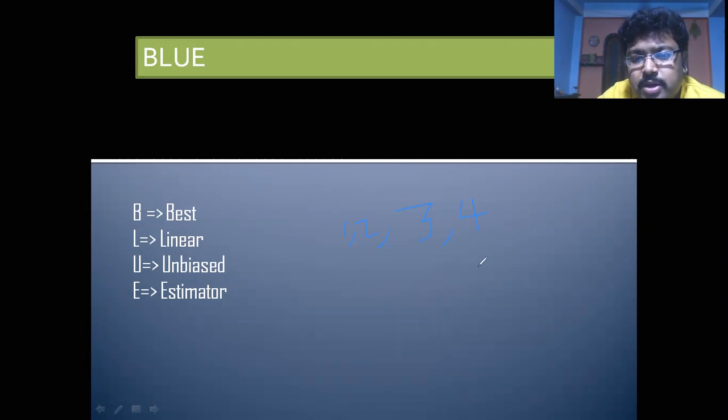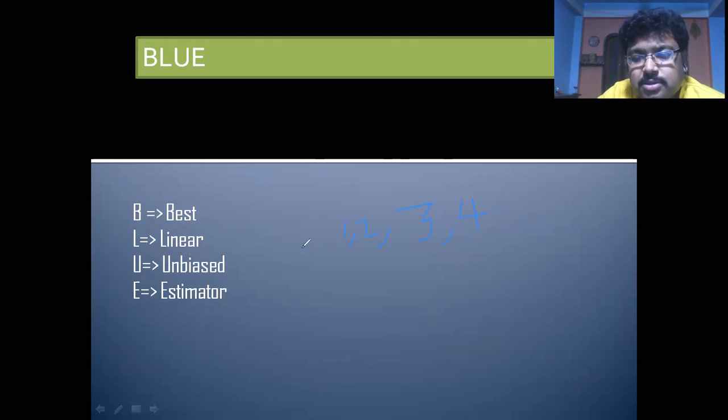Here it is linear. The estimator here is x bar, and x bar is linear. So this is the linear. It means the estimator is linear.